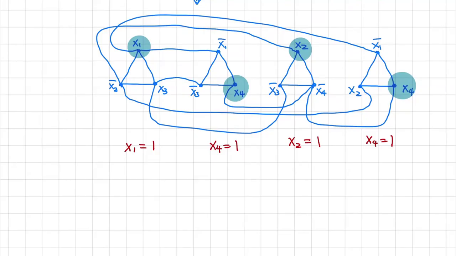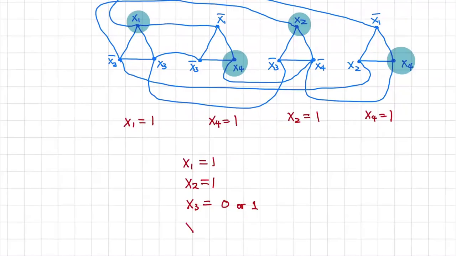So if you see a variable that's missing, that means you can set it to anything you want, because the clauses will already evaluate to true by the current variables. So you can have x1 equal 1, x2 equal 1, x3 anything, 0 or 1 doesn't really matter, and x4 equals 1. Now, again, this is not the only selection. It all depends on how you pick the maximum independent set. Are we good here? Okay, now let me introduce you to another problem.